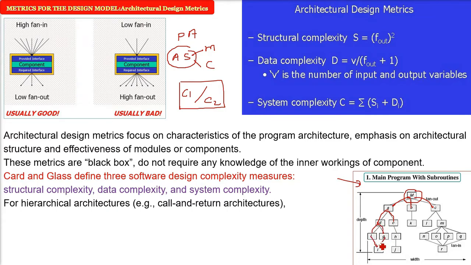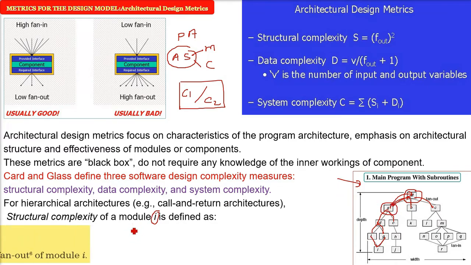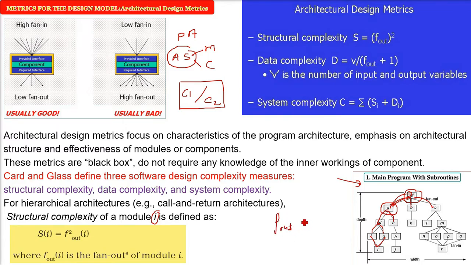Now for this hierarchical structure, if we want to define these different complexities with respect to the architectural design metrics, the structural complexity of a module i, where a module can be a combination of functions, is defined as simply the square of fan out. For that module or that group of functions or a separate function, just square the fan out.